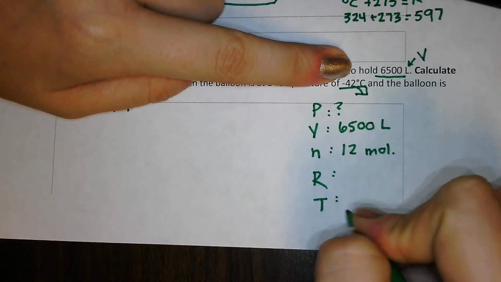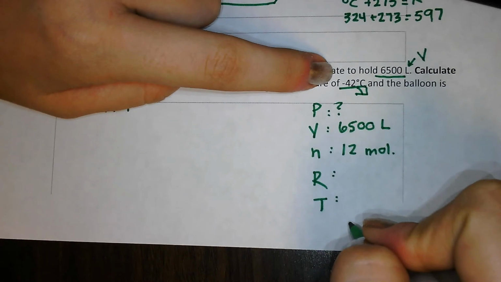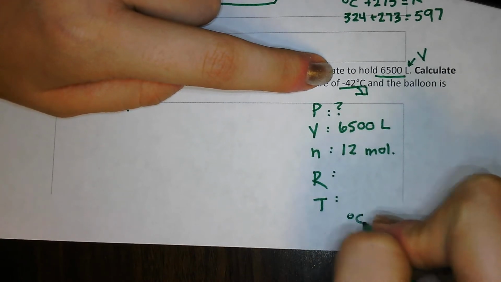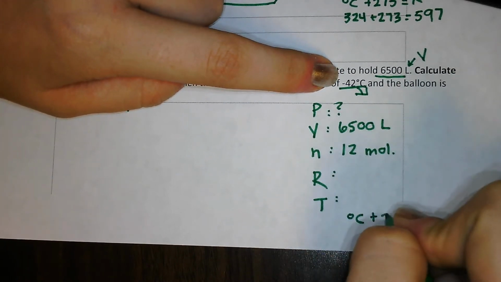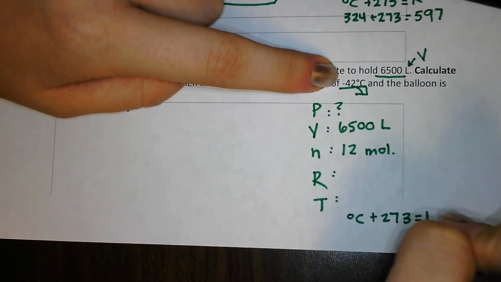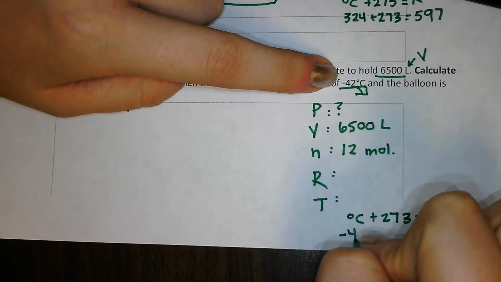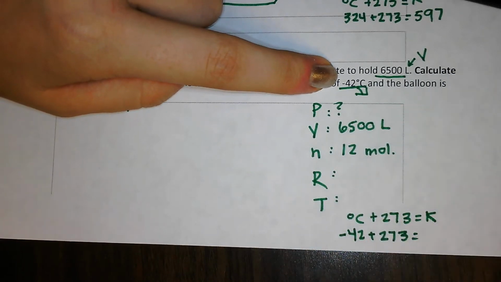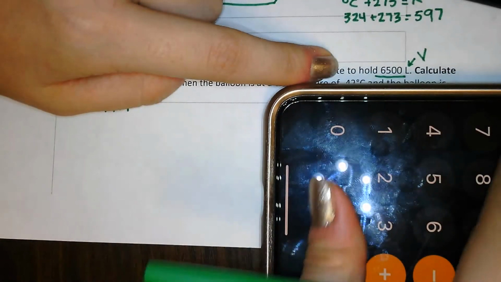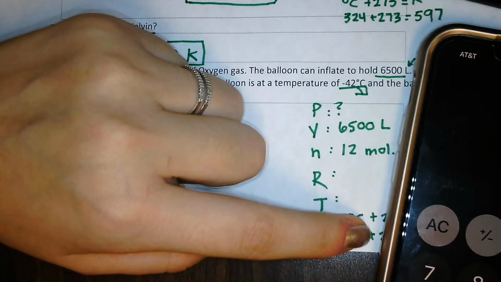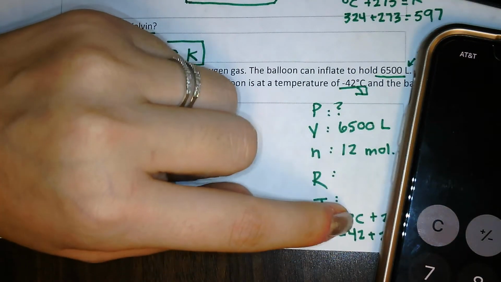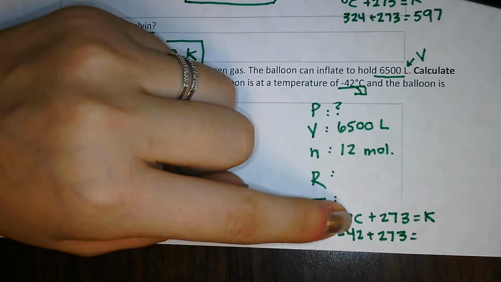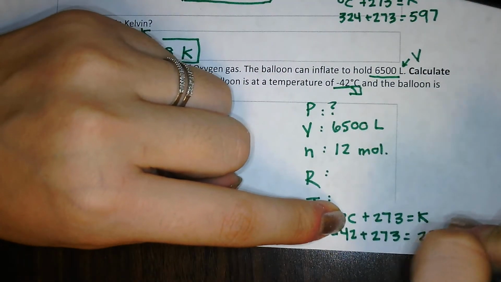Again, temperature in these problems should always be in Kelvin. So I need to turn this temperature into Kelvin. And I do that by adding 273. So negative 42 plus 273. That's the same thing as saying 273 minus 42. 231. 231 Kelvin.